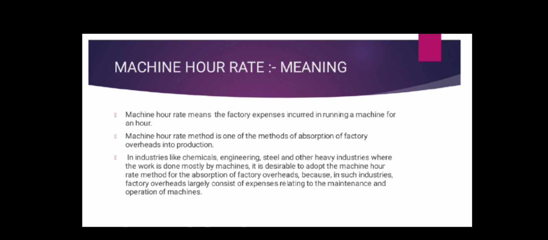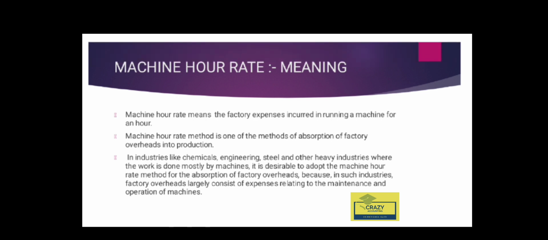The machine hour rate may have different concepts such as ordinary machine hour rate and composite machine hour rate, right? And in selecting an absorption rate, each absorption rate has its own merits and demerits. The method to be used depends on the factors and circumstances prevailing in a manufacturing firm.